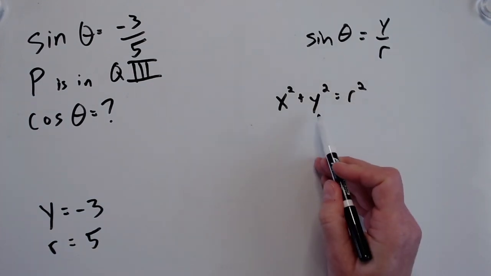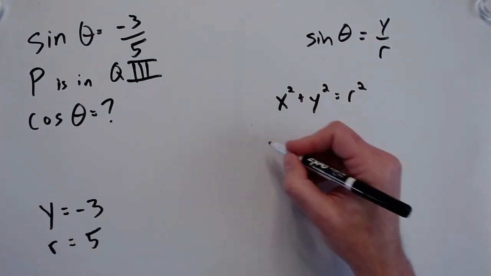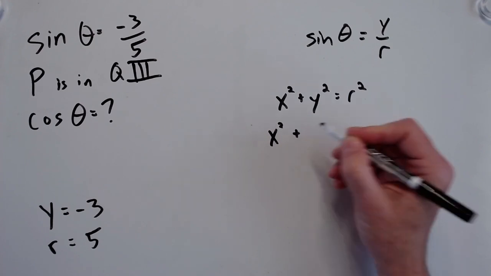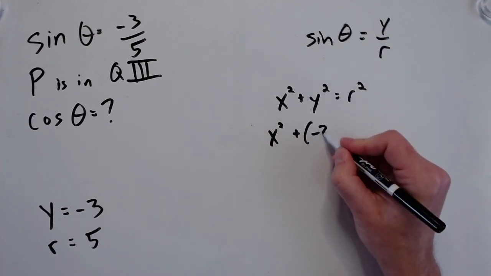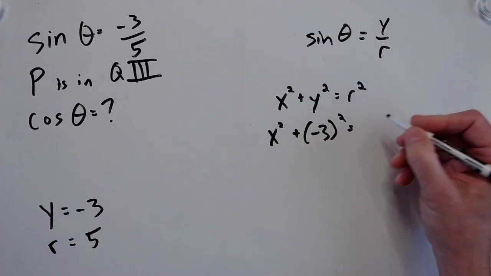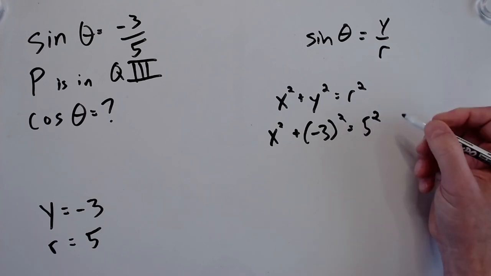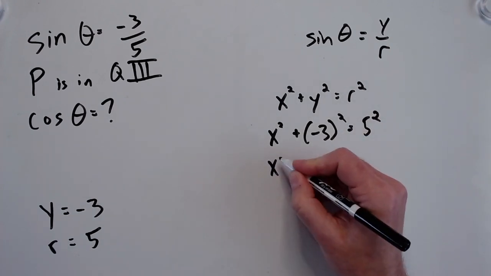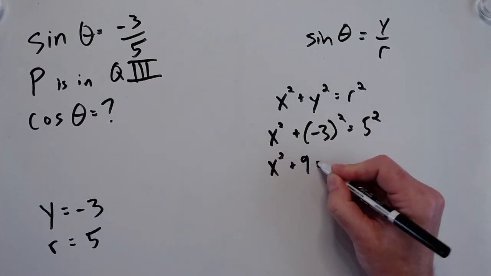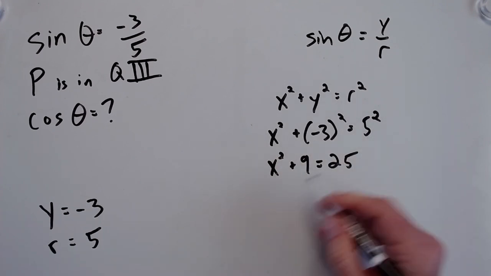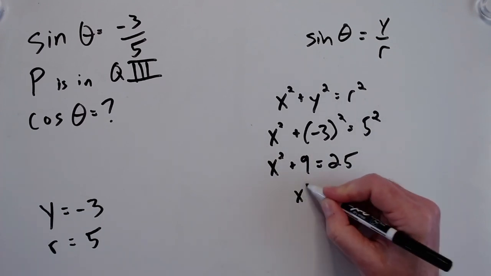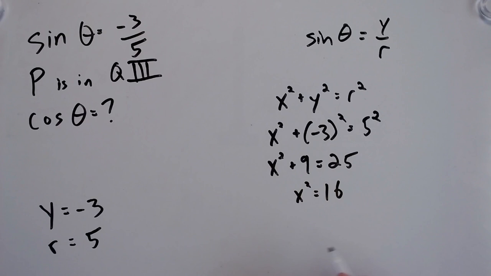We have a y and we have an r. So we know that x squared plus -3 squared is equal to 5 squared. We rewrite this as x squared plus 9 equals 25. We'll subtract 9 from both sides. We get x squared equal to 16.